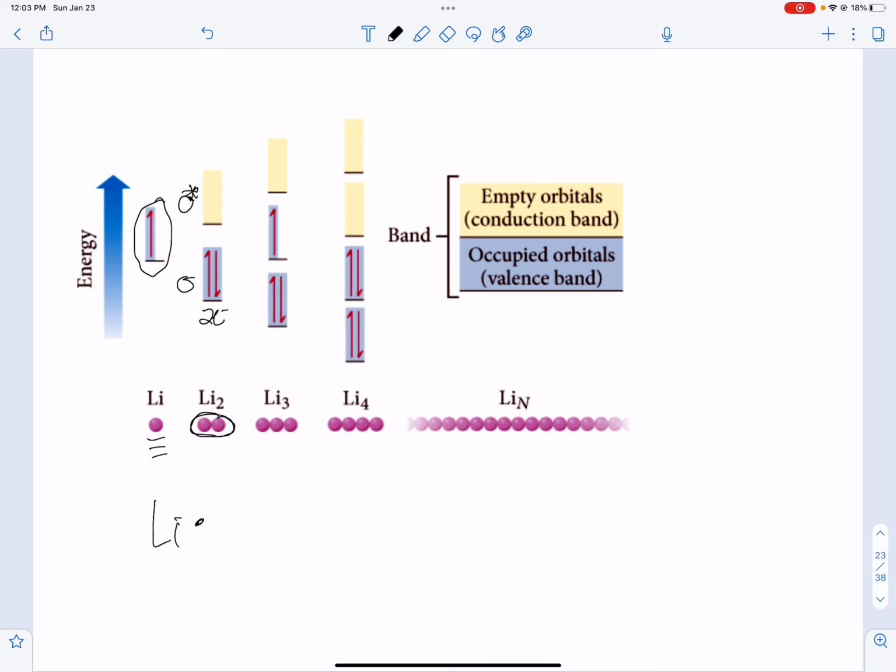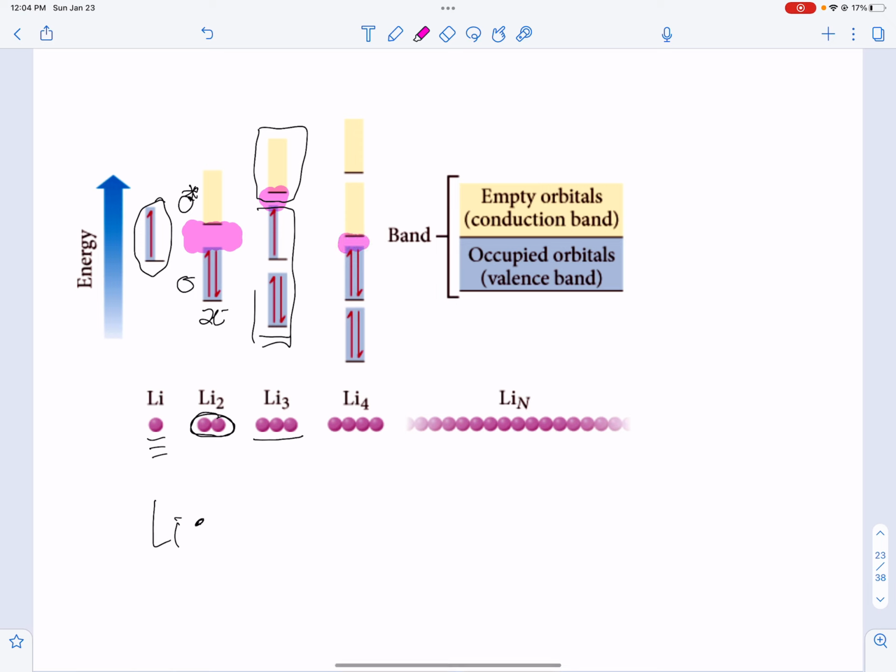And you have the bonding and you have the anti-bonding. What about when you have 3 lithium atoms? Now you have 3 electrons. So these are my bondings, and there's nothing on the anti-bonding. And notice this. This is the distance between the bonding and the anti-bonding. Now this is the distance.